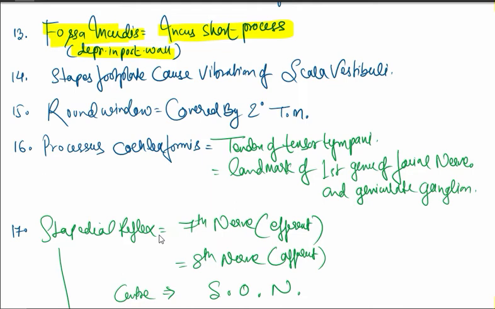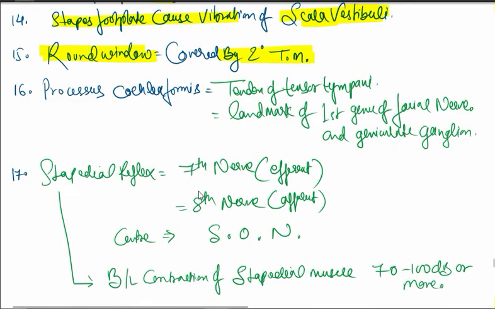Next one, the stapes footplate causes vibration of the scala vestibuli. Next one, the round window. It is covered by the secondary tympanic membrane. Next, processus cochleariformis. It attaches the tendon of the tensor tympani, and this is the landmark of the first genu of the facial nerve and the geniculate ganglion.